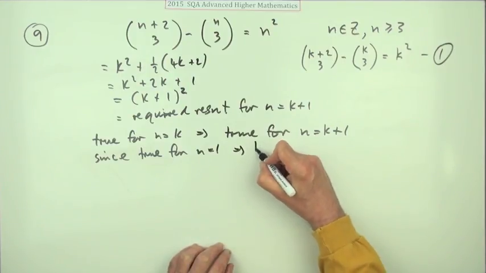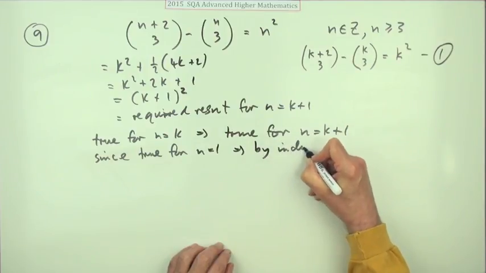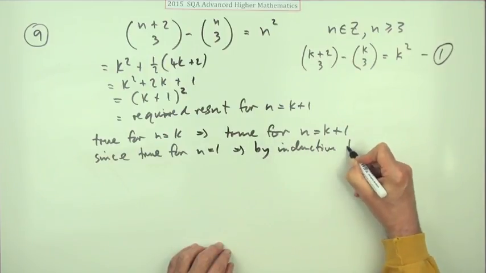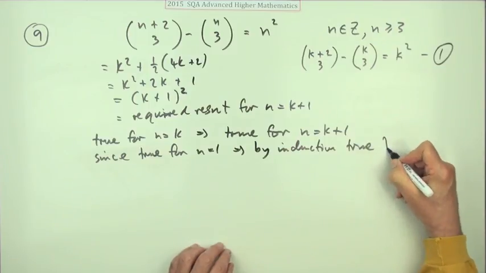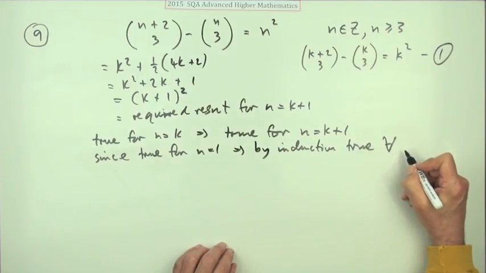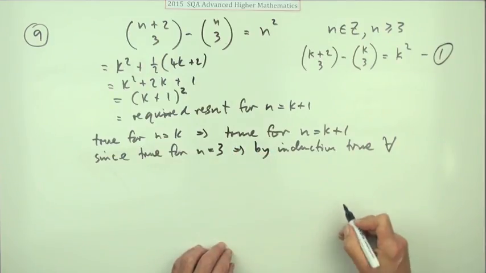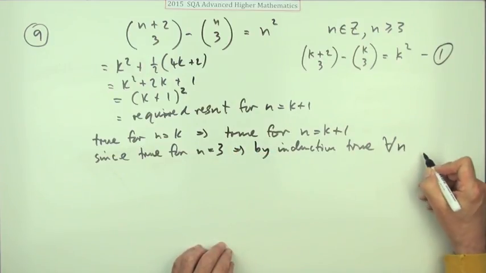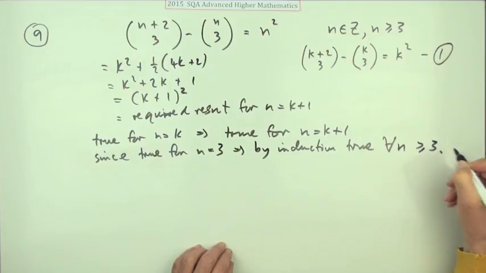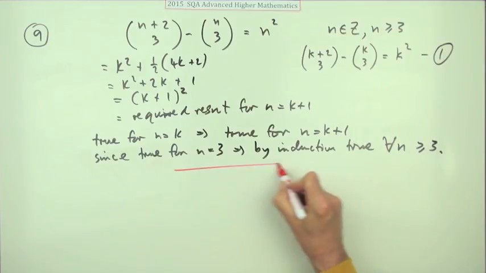That means that, or you could just say by induction, it's true for all. Ooh, true for n equals 3. It means it's true for all n greater than or equal to 3. There we go then.